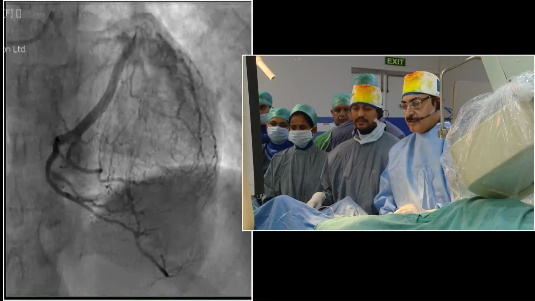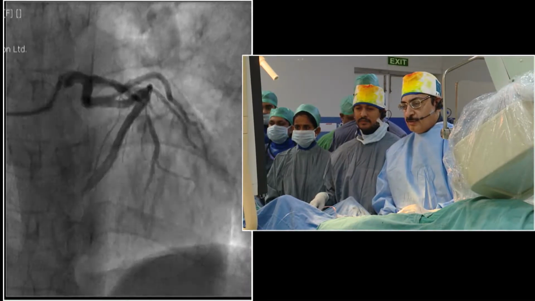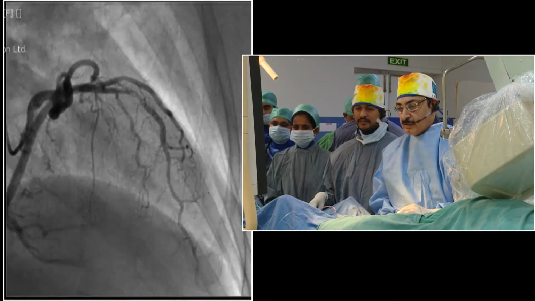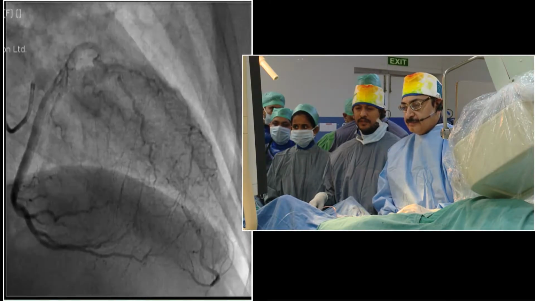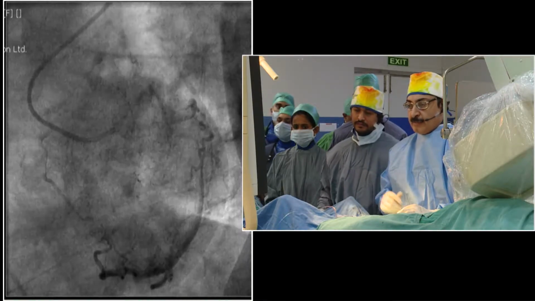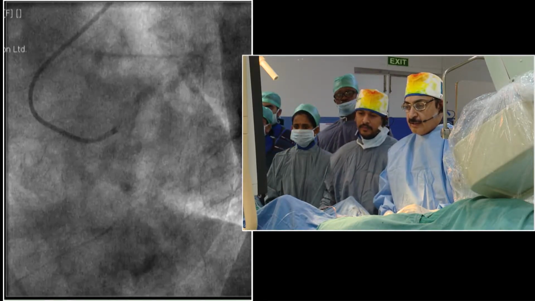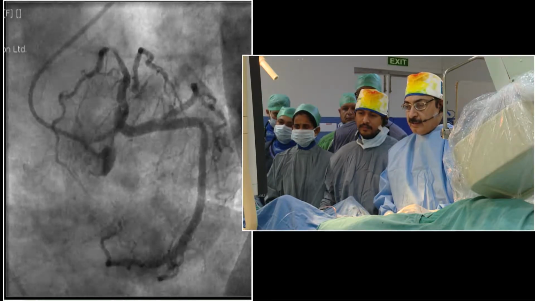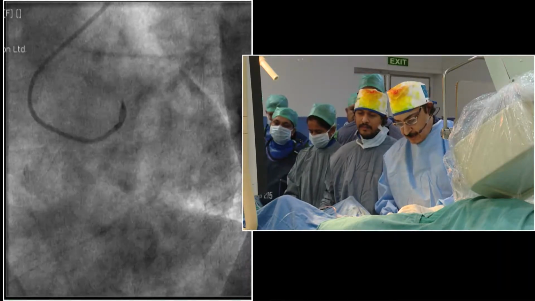It's a large size diagonal, and it's almost like a CTO. Next angio. Here you can appreciate the tortuosity of the diagonal ostium and the high-grade stenosis.